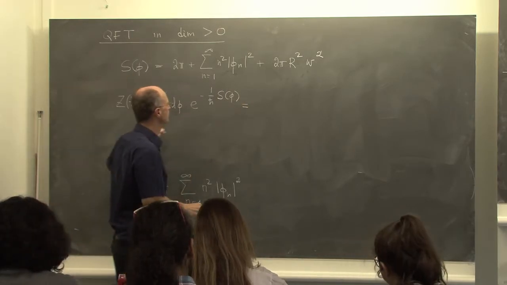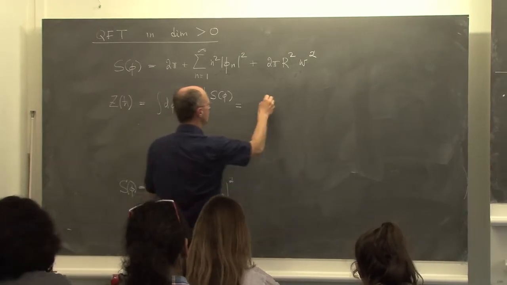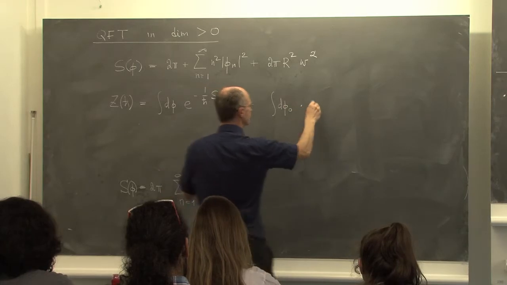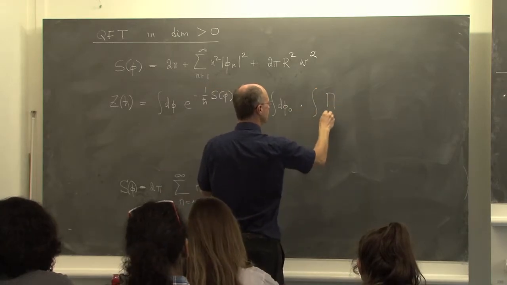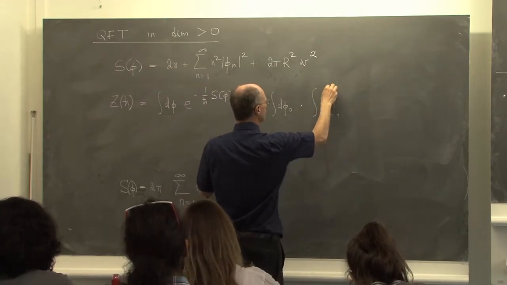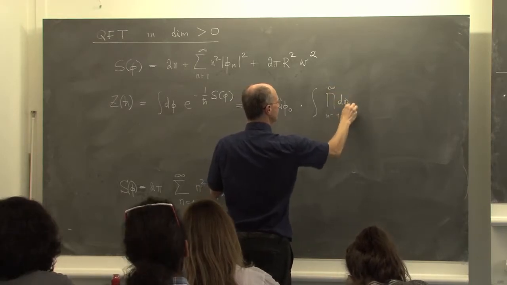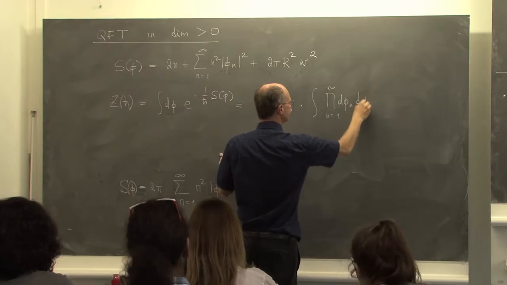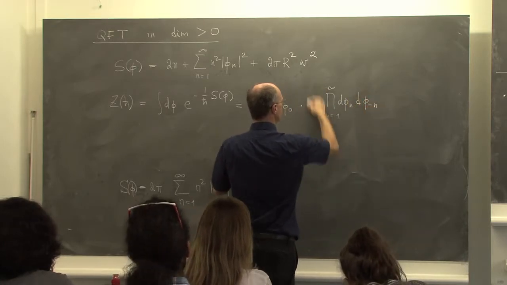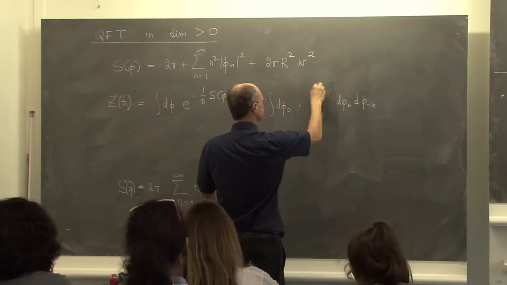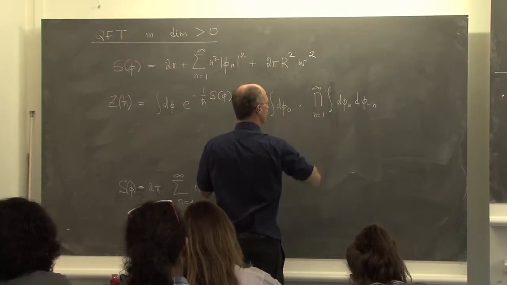Now, there will be an integral over phi naught again, a product of integrals over d phi n, d phi minus n, or maybe I better put an integral inside. Right?